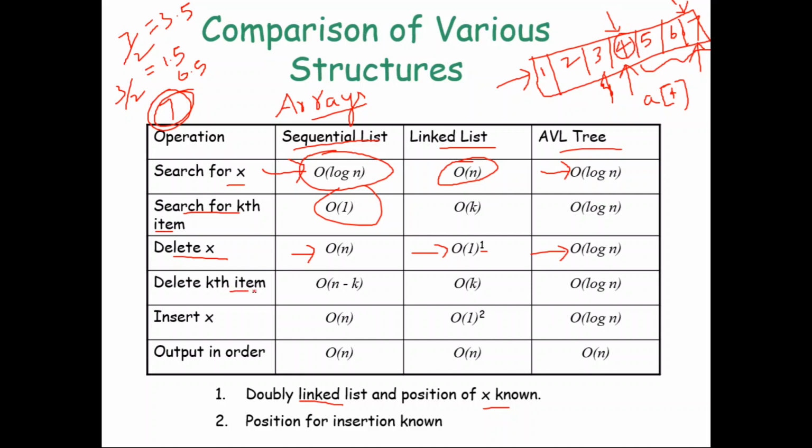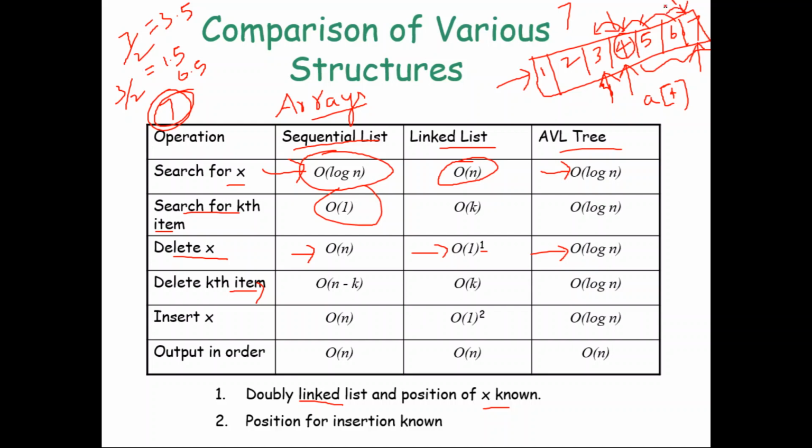To delete the kth item in a sequential list, it is order of n minus k. If the size of the array is 7, and you want to delete the third item, then after deleting the third item, you have to move all the remaining items to the previous locations. How many moves do you have to make?